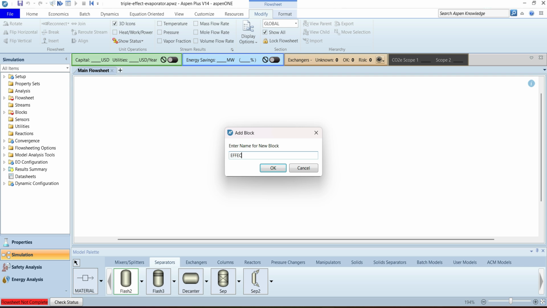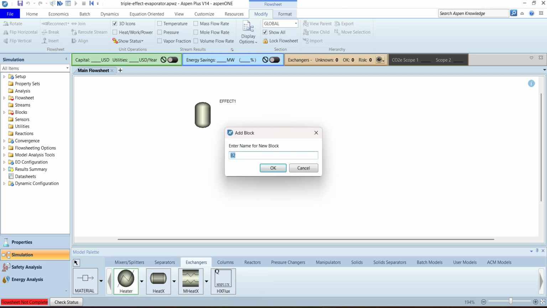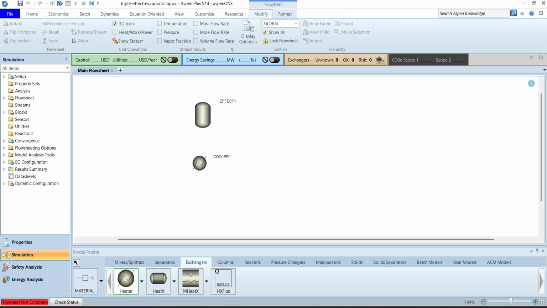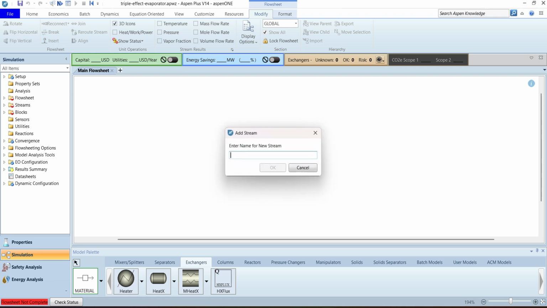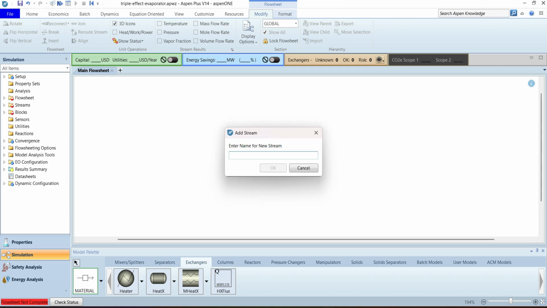Let's name it effect 1. Then we will need a cooler block to provide the required duty for the evaporation purposes. Let's call it cooler 1. The feed to the flash block is the brine solution, whereas the feed to the cooler block is saturated steam.